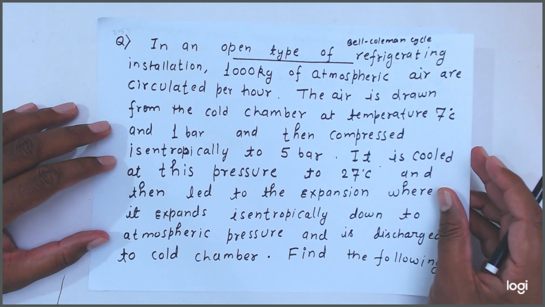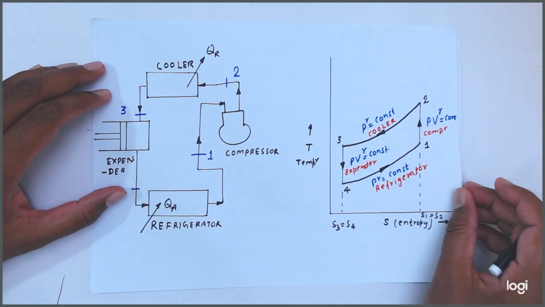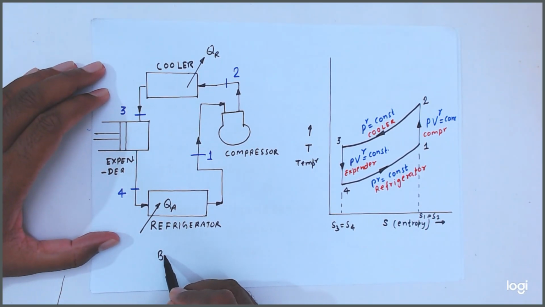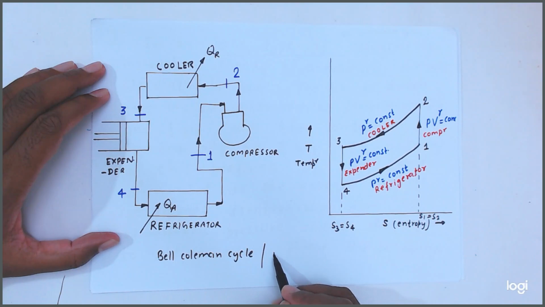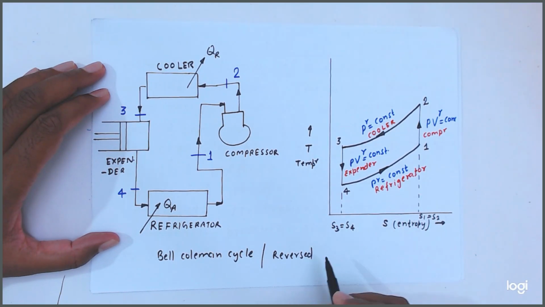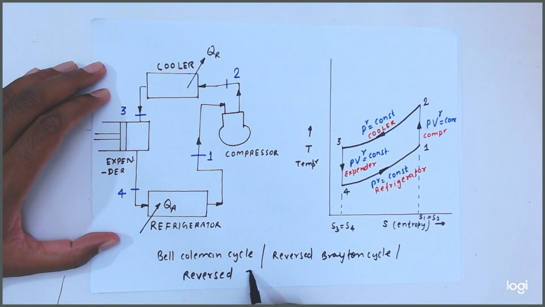Let's understand the question first. Friends, first understand, this is the Bell Coleman cycle or reverse Brayton cycle or reversed Joule cycle.